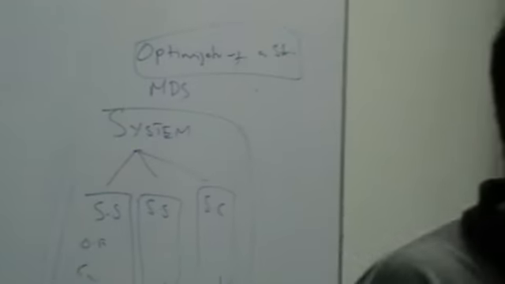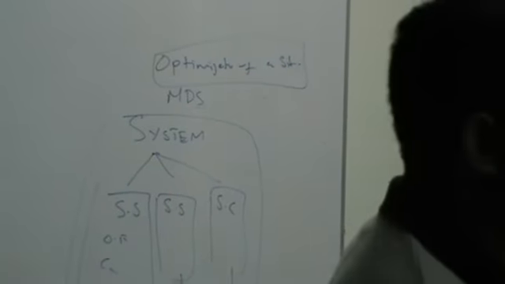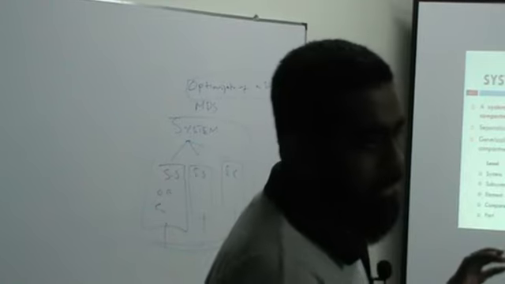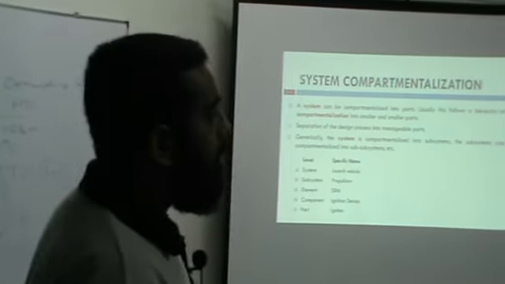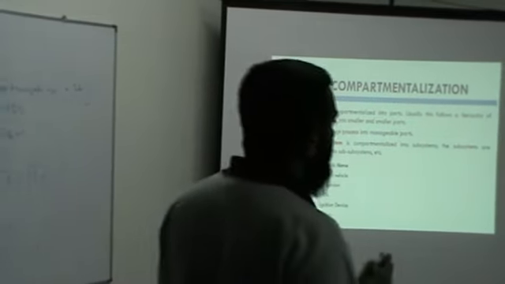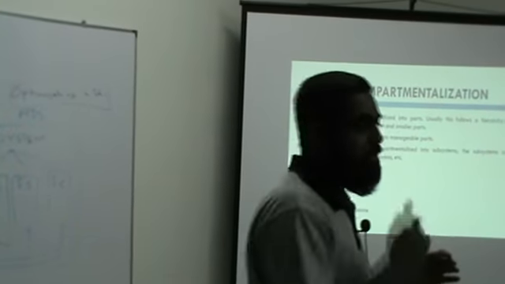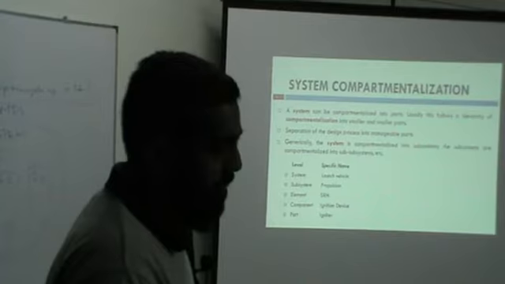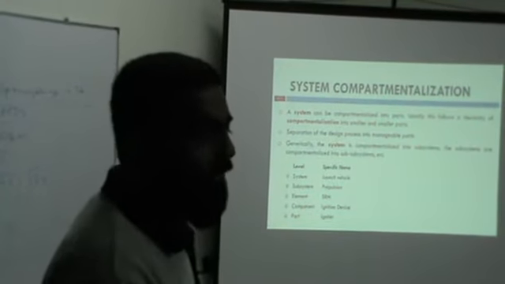How you actually disintegrate your system into different subsystems, and how explicitly and how clearly you disintegrate your system into subsystems. Subsystems आपके मौजूद होते हैं हर सिस्टम में, but the beauty of it is how vividly can you see subsystems in a complete system. That is known as system compartmentalization.